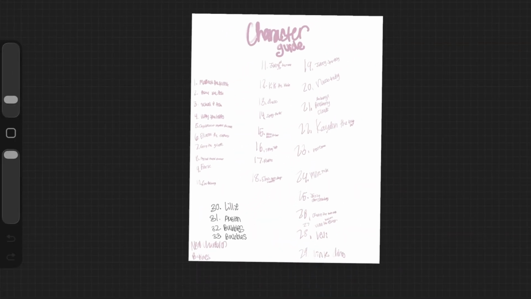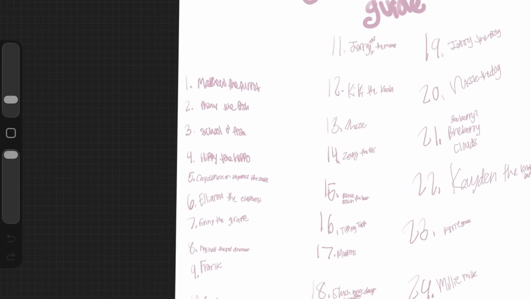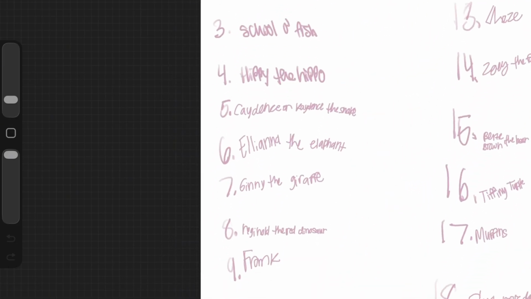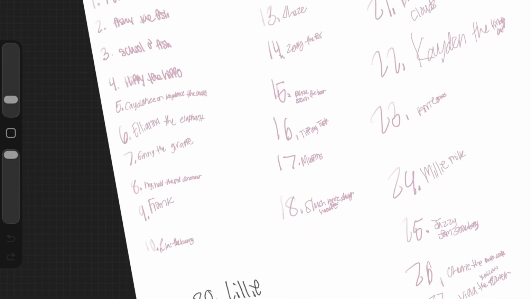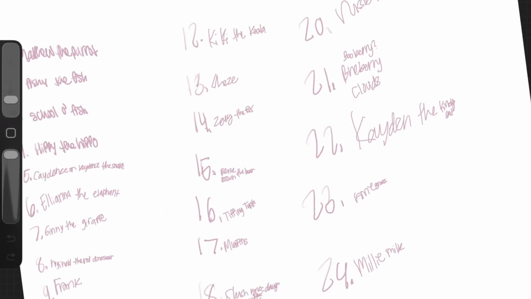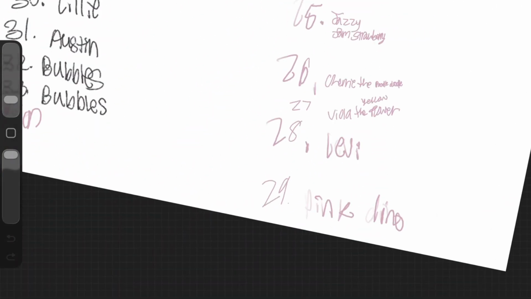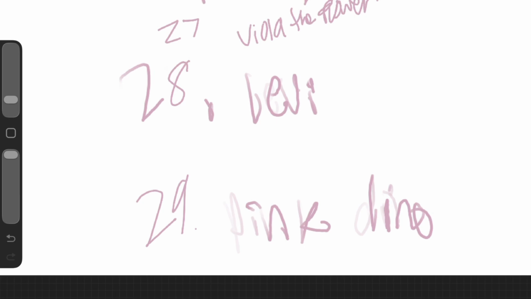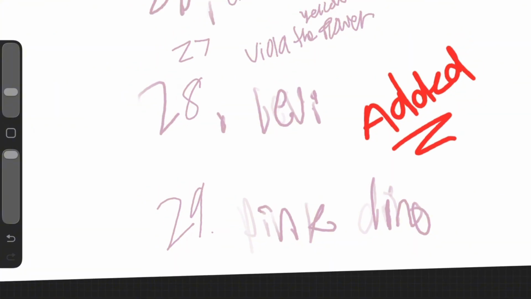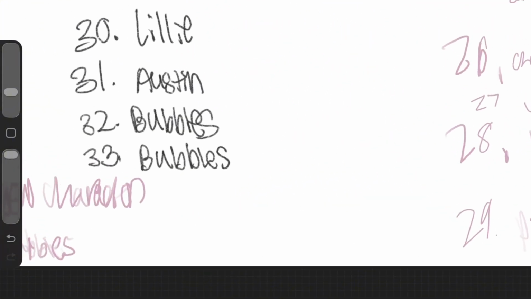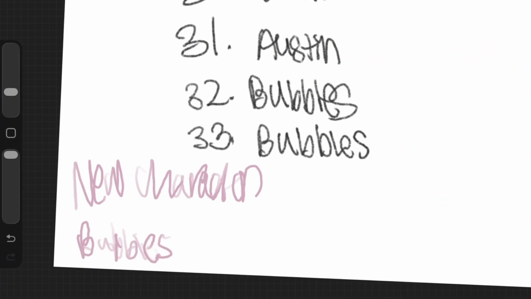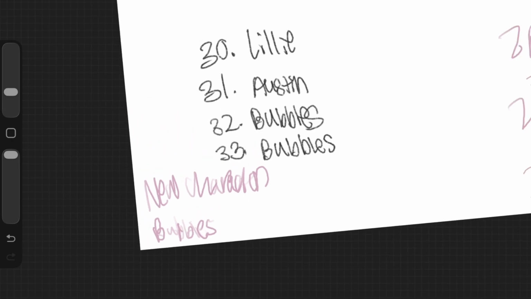So I'm on Procreate and I've created a list to keep track of all my characters, which is right now at 33, I think, but throughout this video, I start creating a lot more and figure out that there are a lot more characters that I want to add to this list. As I said, I want to get to at least 50 at some point, but we probably won't get there right now. These characters were added so far. We've got Levi and Pink Dino.